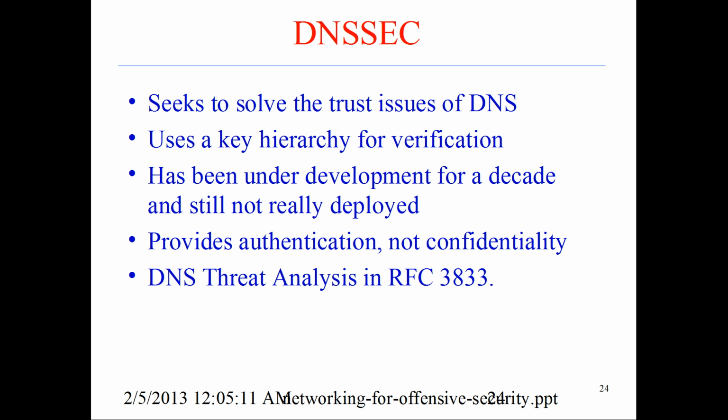Given that DNS is inherently insecure, DNSSEC has come about, but it's been under development for over a decade and it's not really been deployed yet. It only provides authentication and no confidentiality for whatever domains you're requesting.